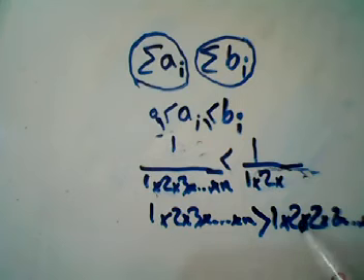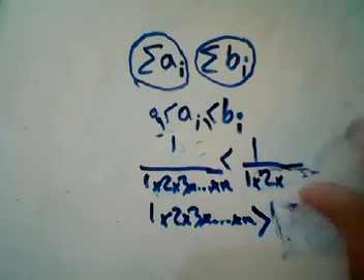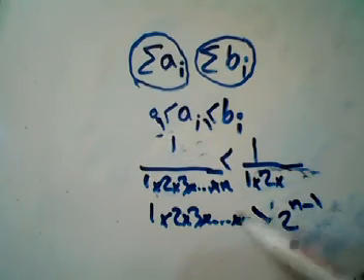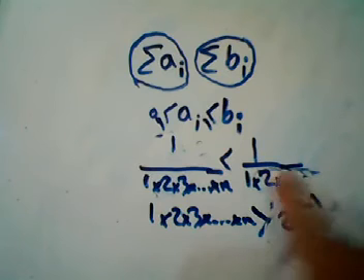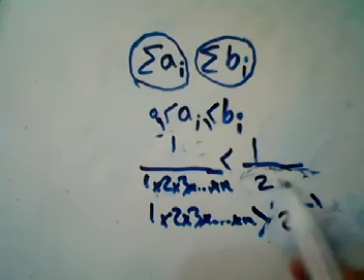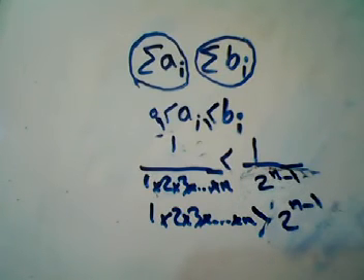Okay, 3 is greater than 2, 4 is greater than 2, and n is also greater than 2. So we get n minus 1 number of 2's, so that would be 2 to the power of n minus 1, and if they go to the denominator, this would be smaller than this.